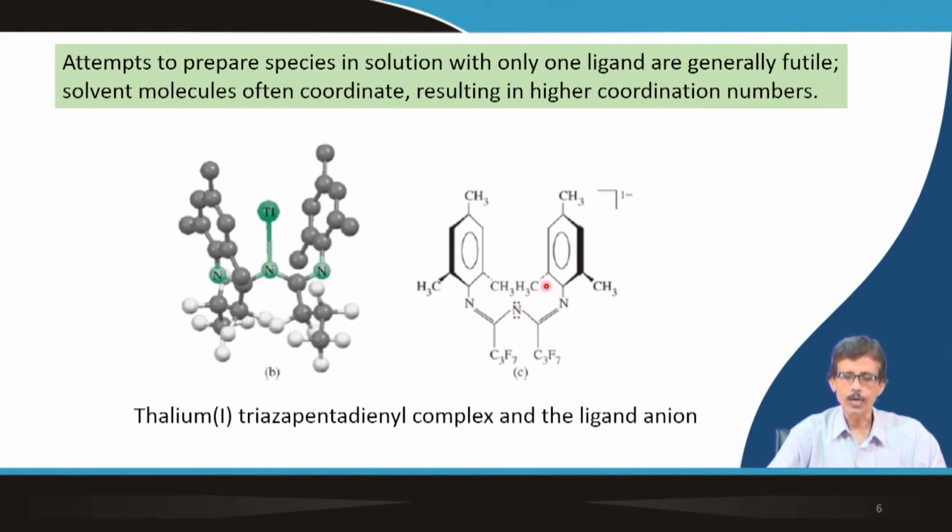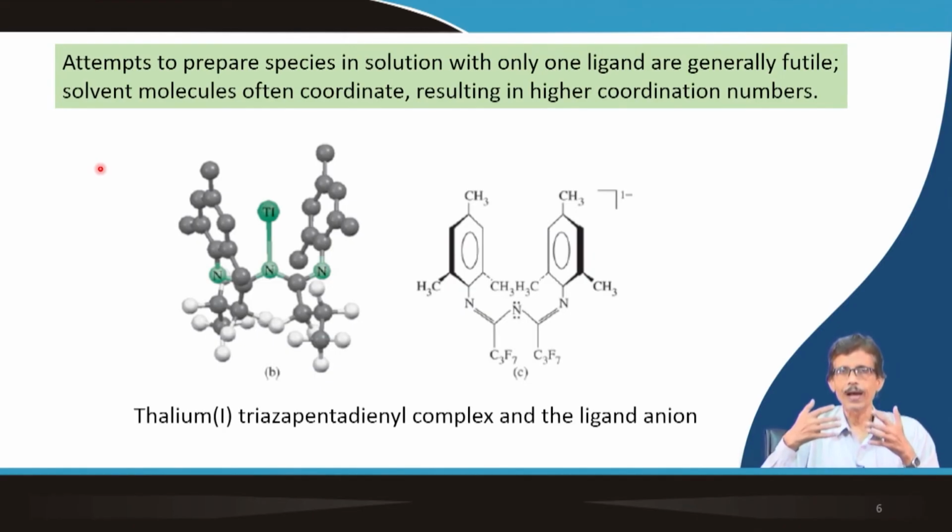So, this particular nitrogen in a sterically crowded environment, if it gets a metal ion like thallium, will form only a single thallium-nitrogen bond. This is a typical example of a thallium-nitrogen bond where coordination number 1 is satisfied. Later, when we talk about myoglobin and hemoglobin, we will also find a typical example.